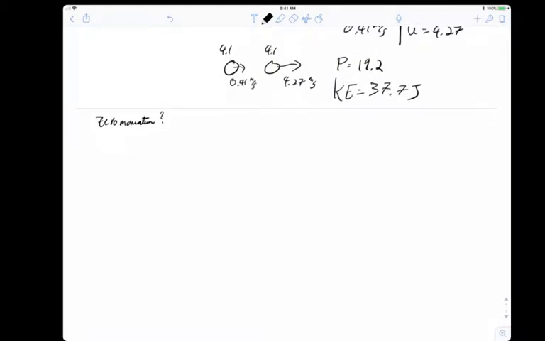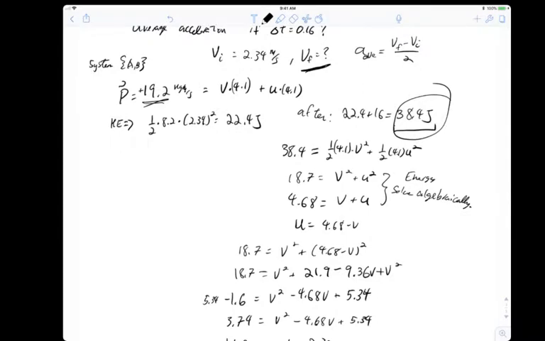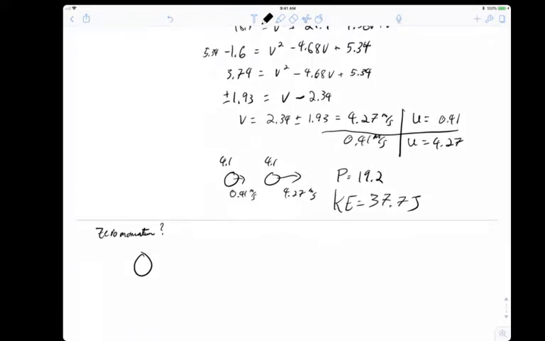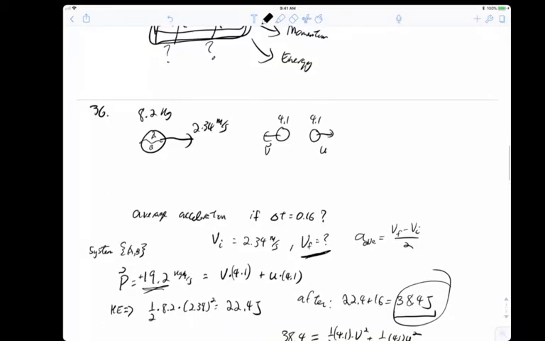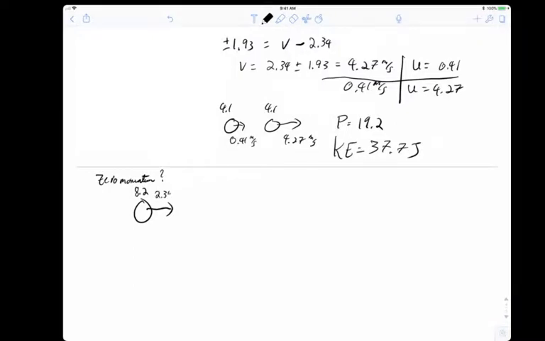So this one is 8.2, and it's moving with velocity 2.34. Okay. And then after the collision, these things have their own velocities. I guess U, V. 4.1 kilogram, 4.1 kilogram.